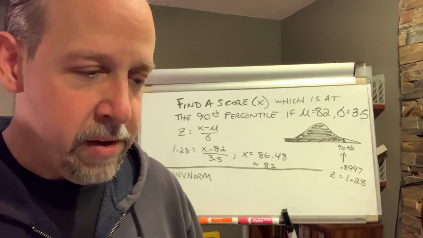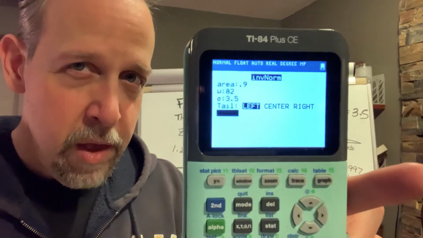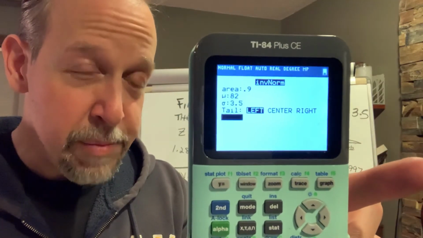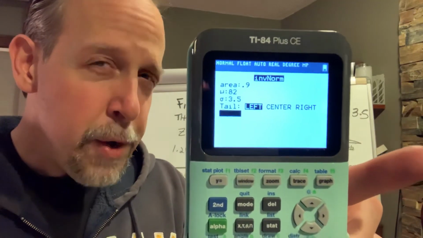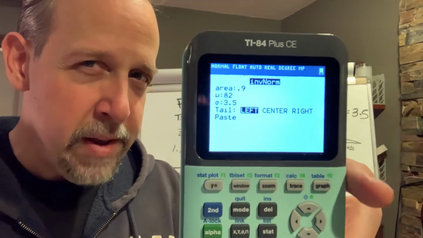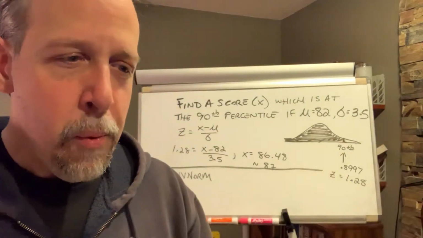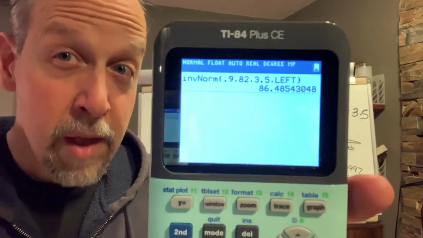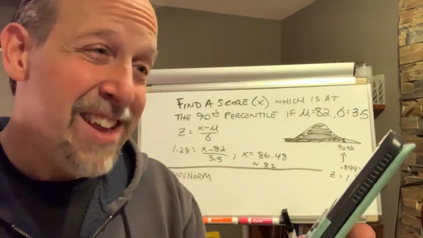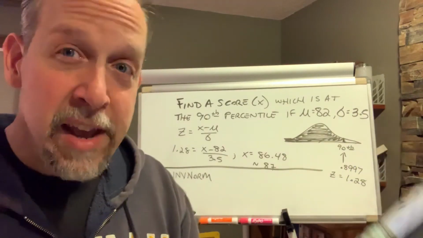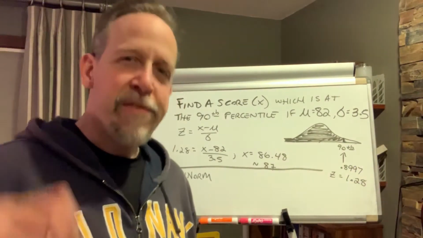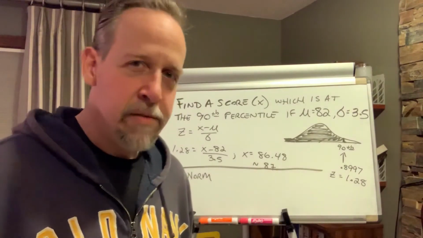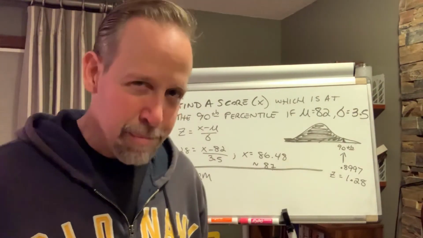You're still looking for the 90th percentile, but now you're using the raw data values for mean and standard deviation. What do you think it's going to tell you if you paste that and enter it? Hey, look. The answer, 86.4854. It gives you the X value, the raw data value that's at the 90th percentile.